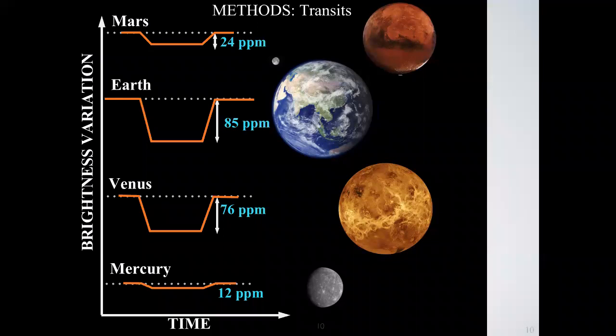In the case of Earth, it is 85 parts per million. So it's a tiny fraction, but we have nowadays the technology to measure these kinds of differences. It's a very subtle work. It's complex, but we are doing it, and in the future we are going to do much better. And we are able to detect rocky planets beyond the solar system.